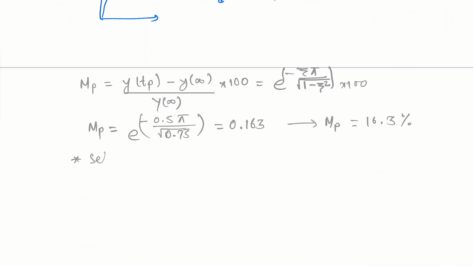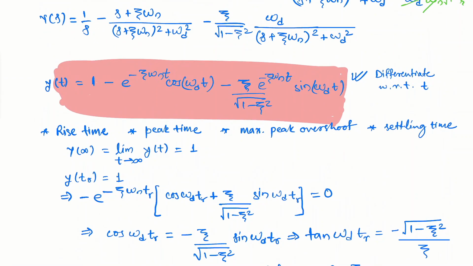And finally, the settling time. To evaluate settling time, there were two criteria: we'll be looking at a 5% criteria and a 2% criteria. If we see this expression for y of t, it will reach the steady state value only asymptotically, that is when time t tends to infinity.